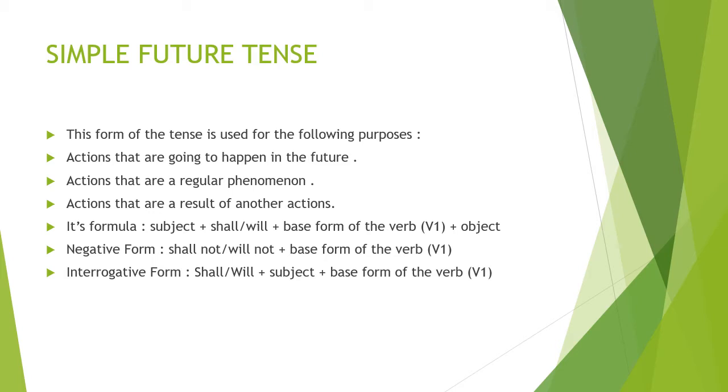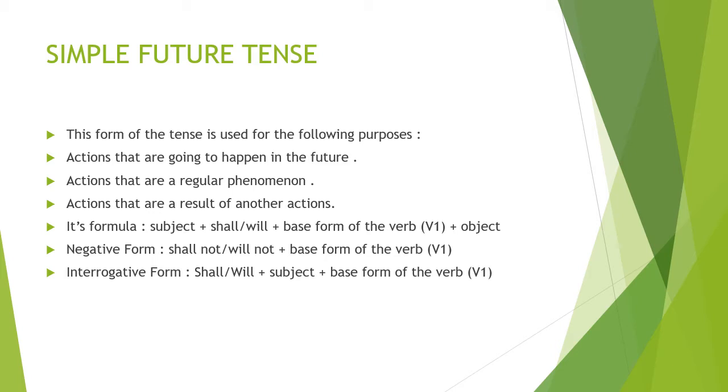Shall and will are the helping verbs. Shall is used with the first person I and we, and will with the second person you, third person he, she, it, and others, plural or singular subjects. Always the first form of the verb is taken here, plus the rest of the sentence or the object you can add here.